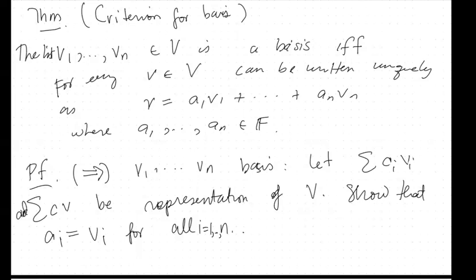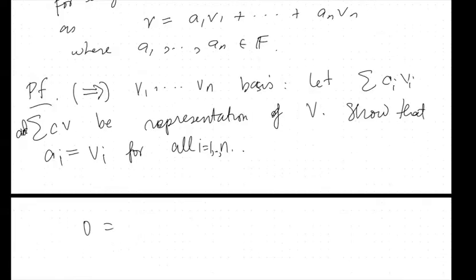How do you show that? Suppose these are two representations, and then we subtract one from the other, we get 0. We get 0 is equal to (a1 minus c1) v1 plus up to (an minus cn) vn.